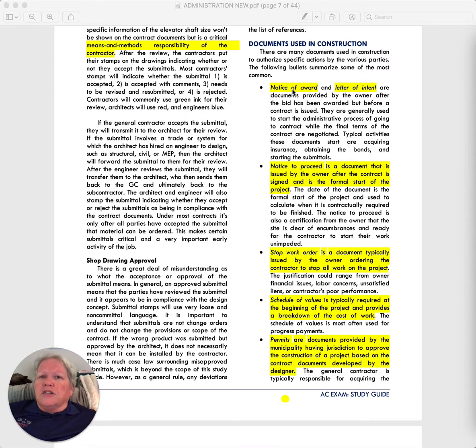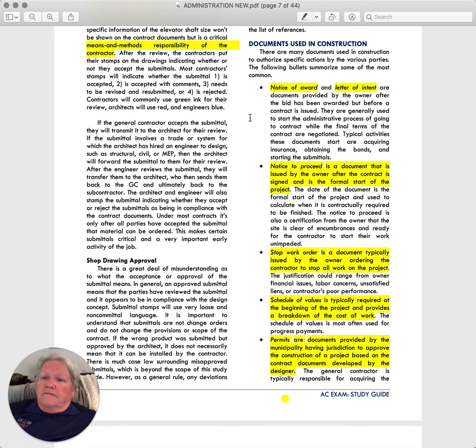A notice of award is just telling you that you finished the interview process, you finished the vetting process, and the owner has decided that they're going to award you this particular project. The letter of intent is, hey, we're going to award you this project, and it is going to be for X number of dollars, so please go ahead and start working on your submittals.